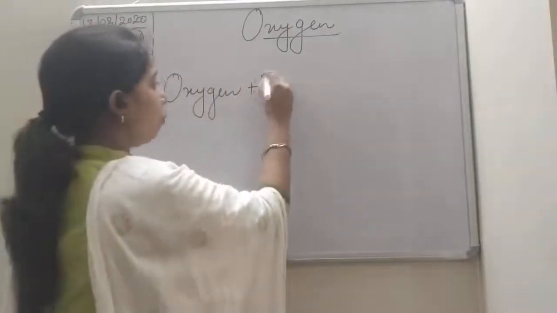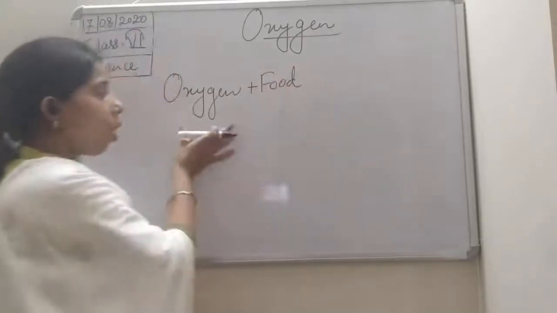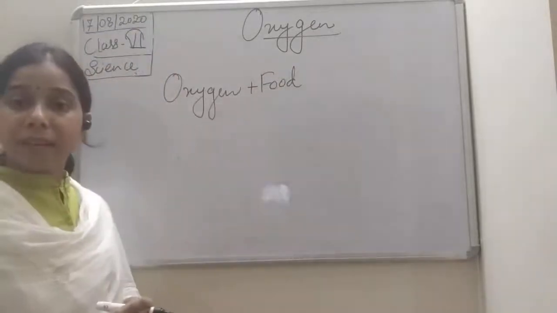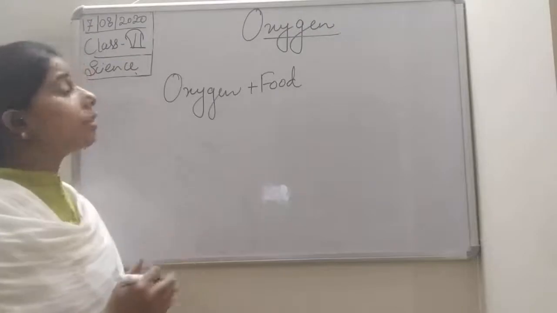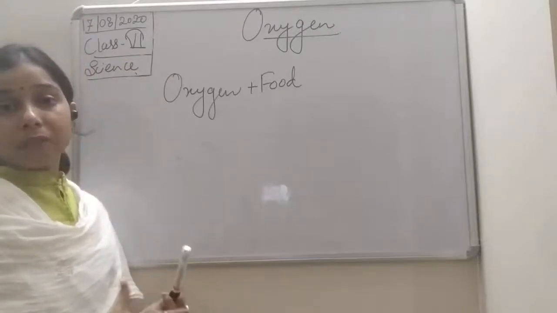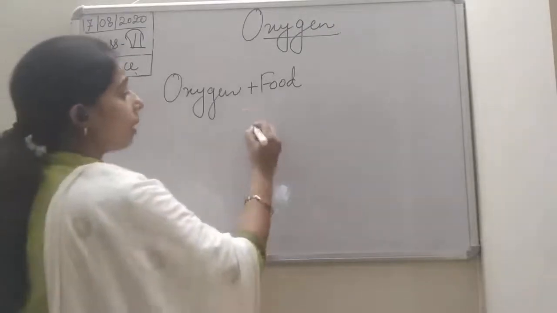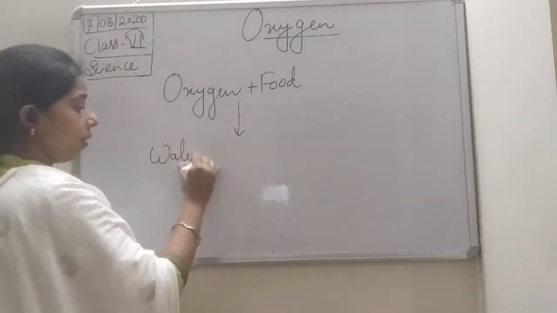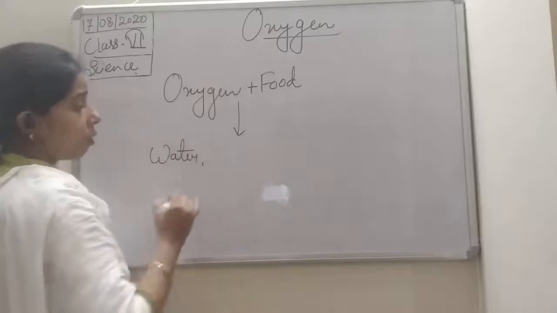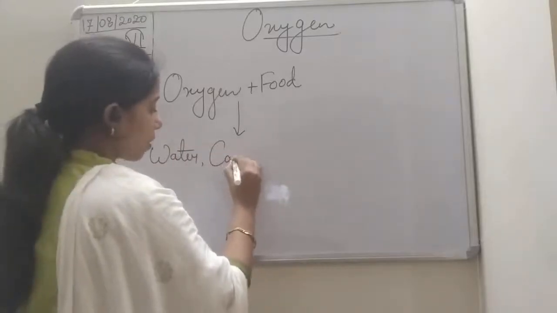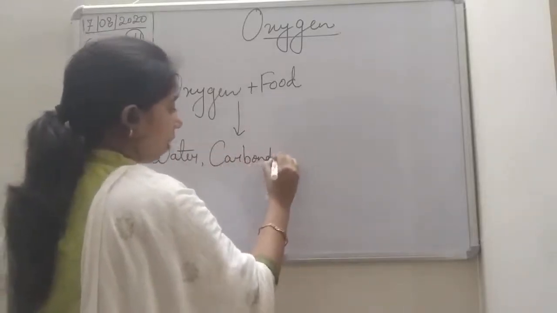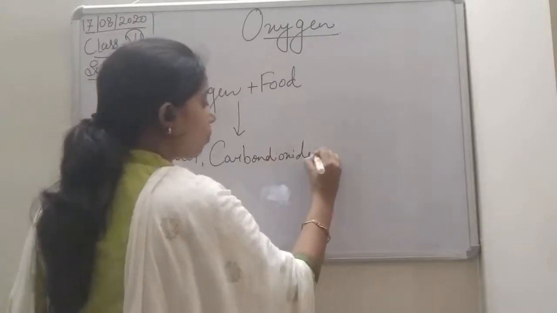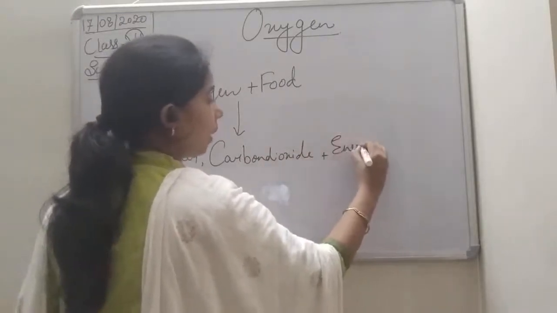Okay, so the food that we consume, oxygen helps in the breakdown of the food, and after this breakdown of the food, what will happen, students? There is a formation of water, there is a formation of carbon dioxide, as well as a very important thing, and that is energy.